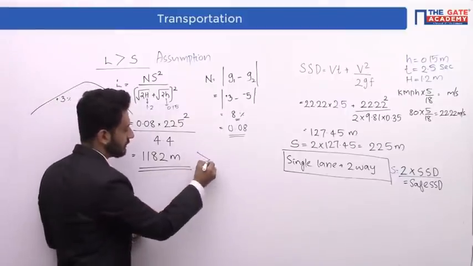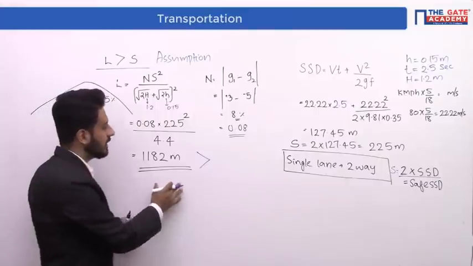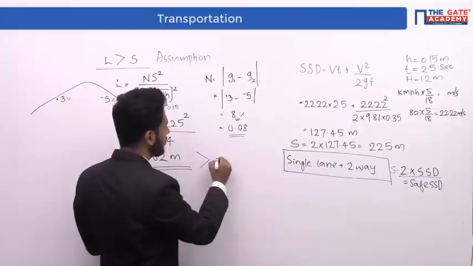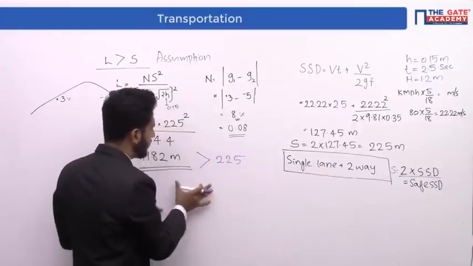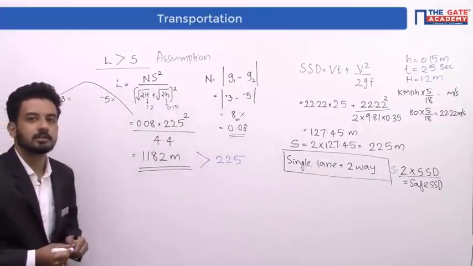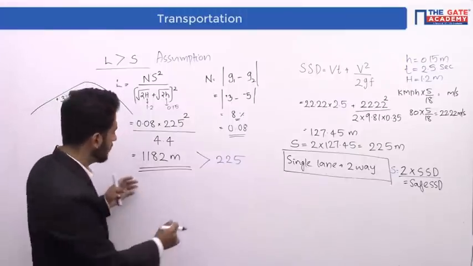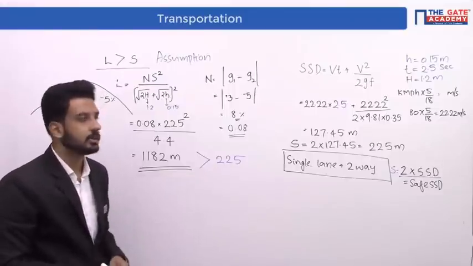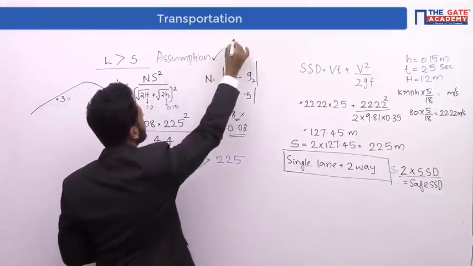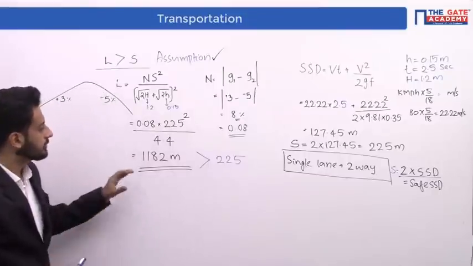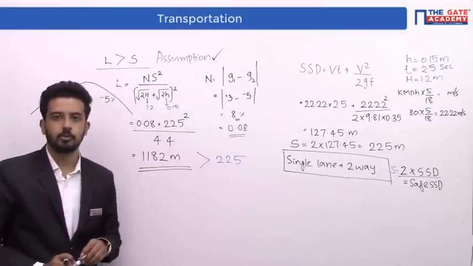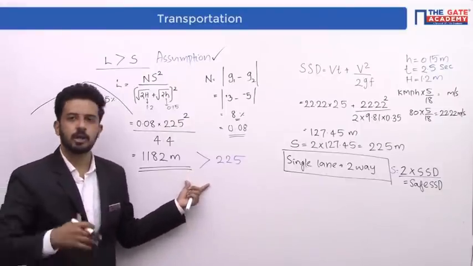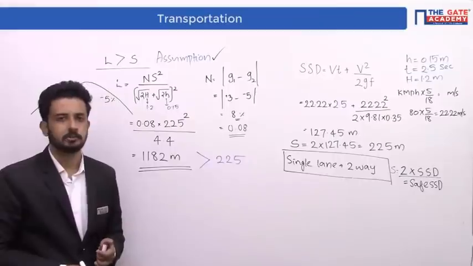Whether the assumption we have made initially is okay, what is the S value? 225. Whether it is okay or not, that we have to check, correct? Yes, the L value is greater than S. So whatever assumption I have made is correct only. So the final answer will be 1182 meter. Suppose this condition we are not satisfying. What it means?